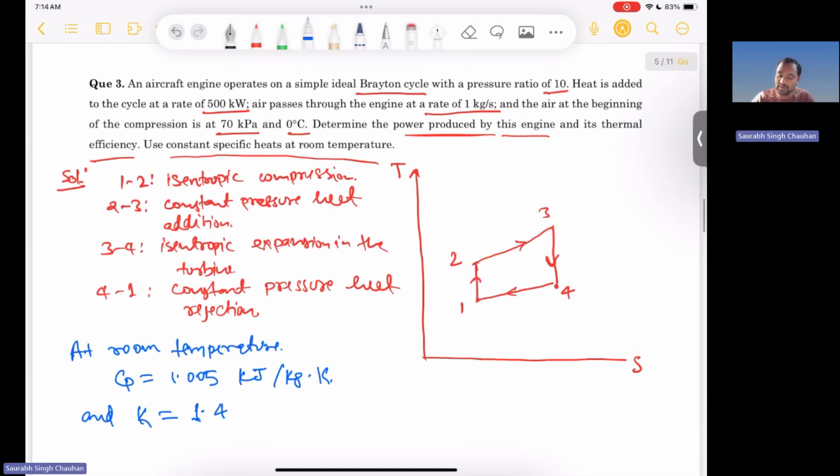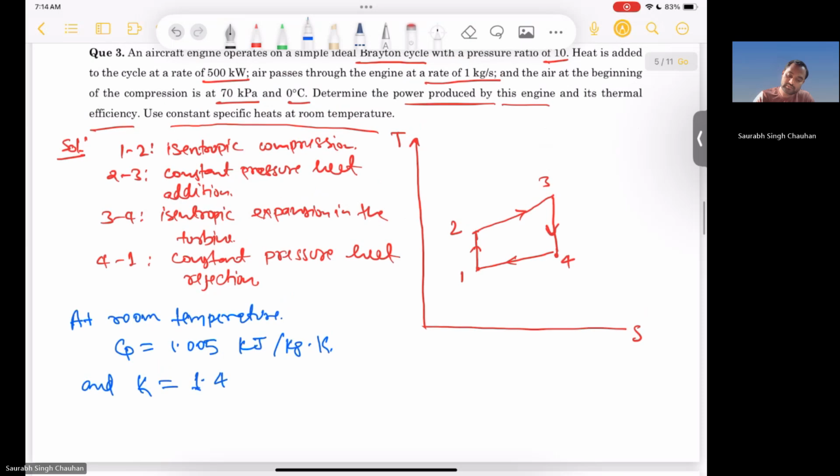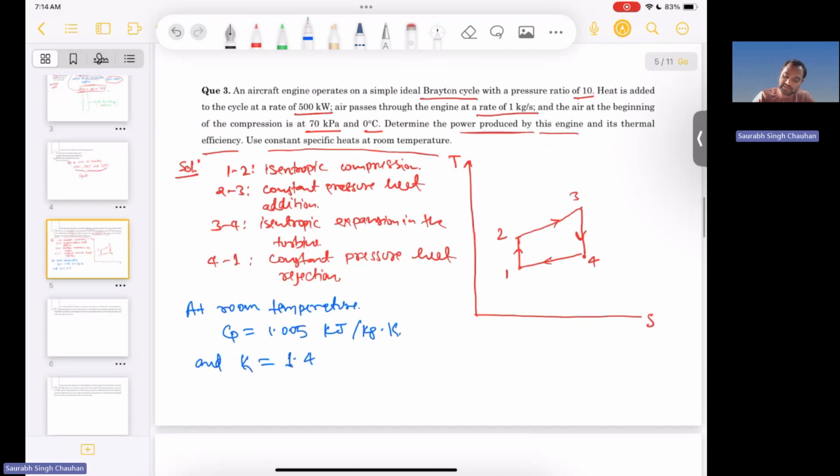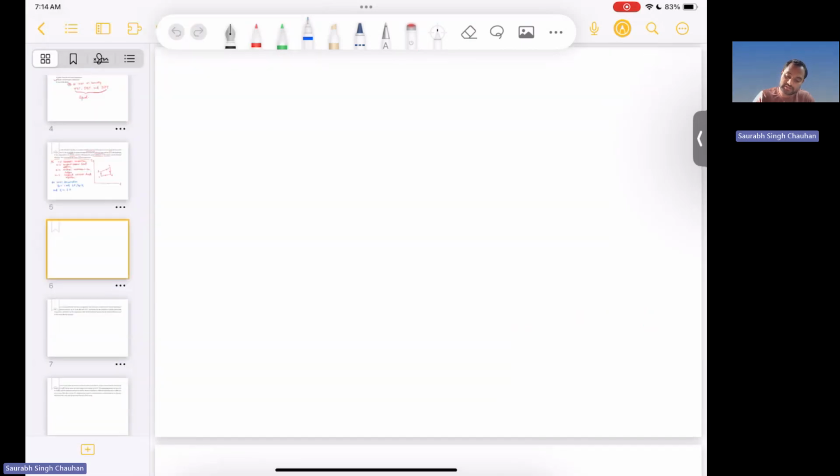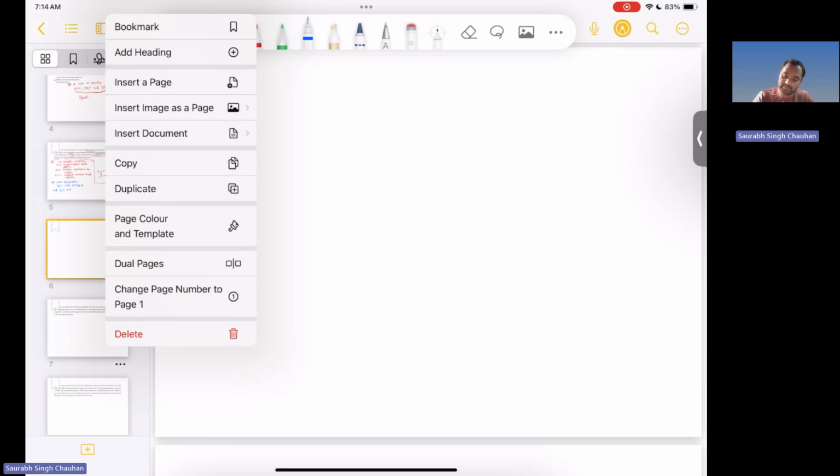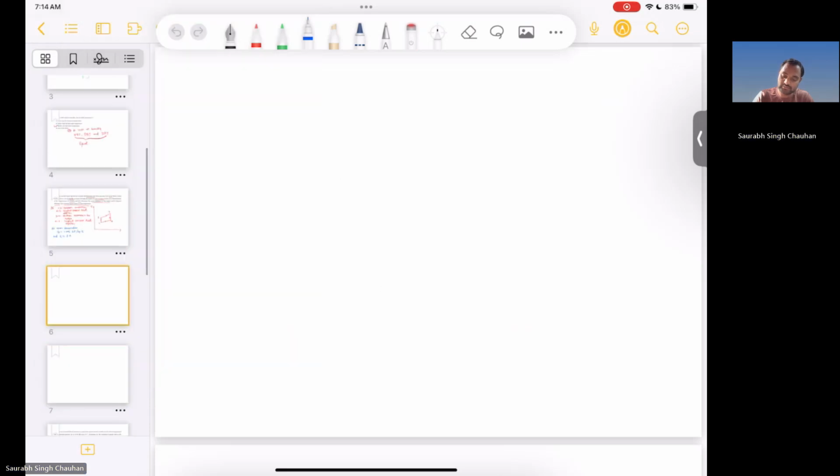We have been given some values in the question itself, right? For example, at point 1, at the beginning of compression, the pressure and temperature are given.